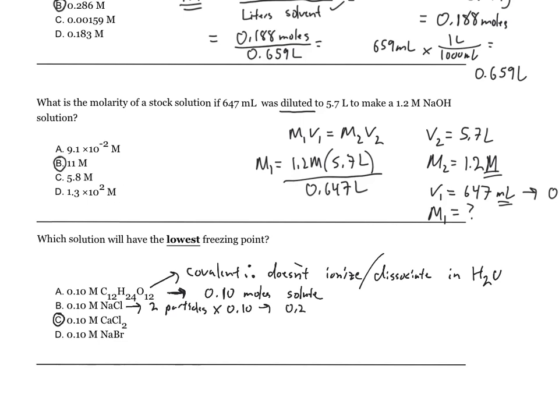So 0.20 molar for colligative properties. Calcium chloride gives 3 particles. Sodium bromide would be 2 particles. So calcium chloride would lower the freezing point the most of those 4 solution choices.